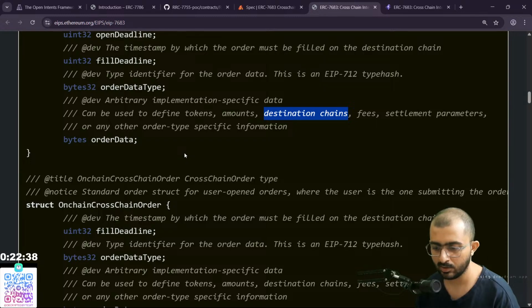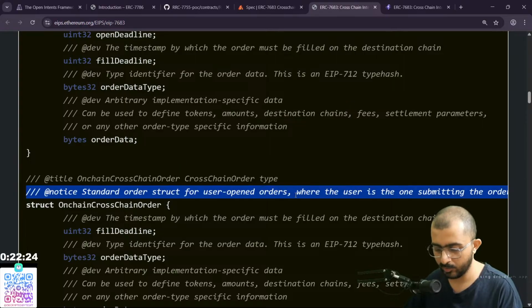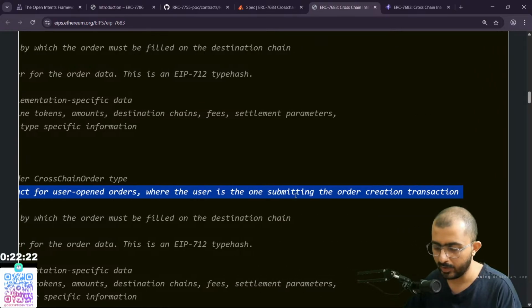On-chain cross-chain order. I don't know what the difference between these two is. Standard order structure for a user opened order where the user is the one submitting the order creation transaction.